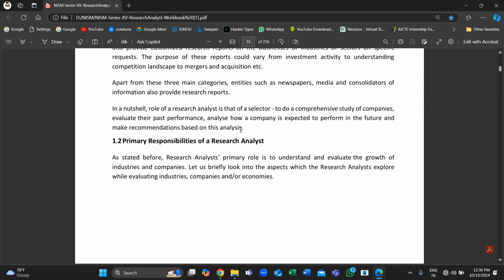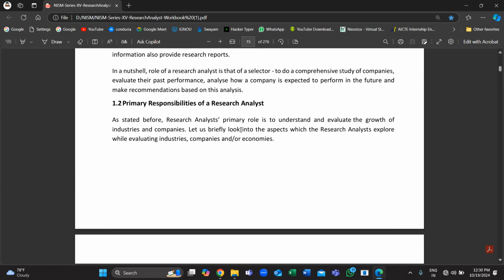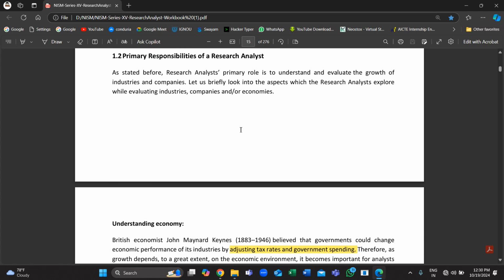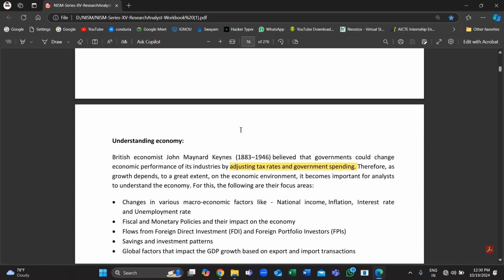So let's see the primary responsibilities of a research analyst. The primary responsibility is to understand and evaluate the growth of industries and companies. Let's deep dive into it.